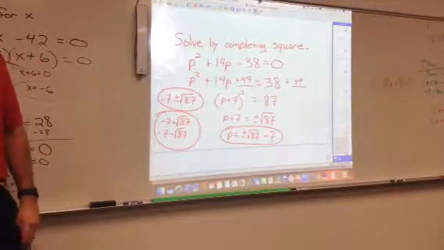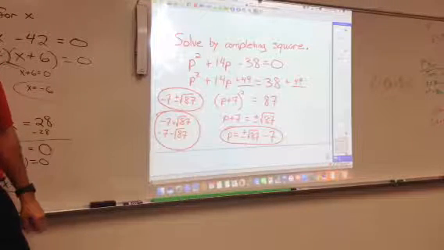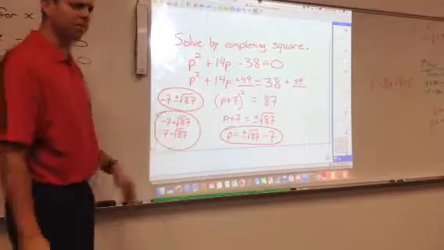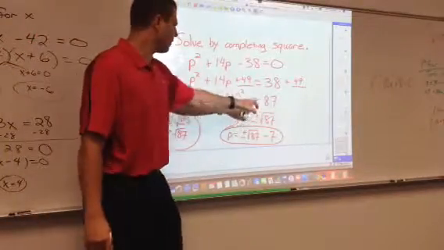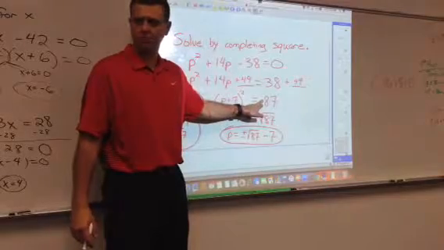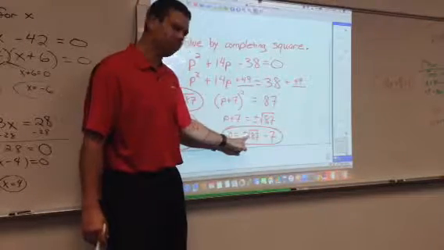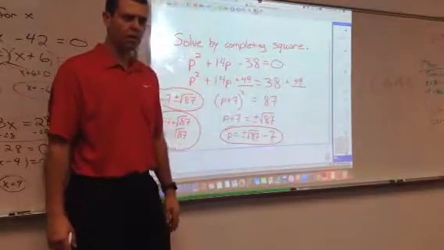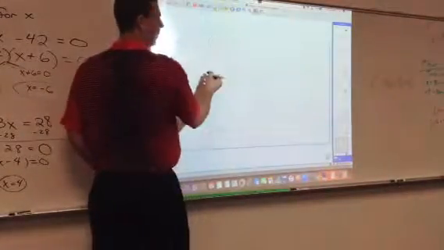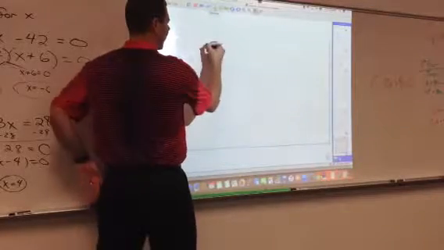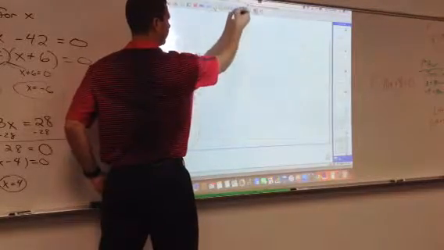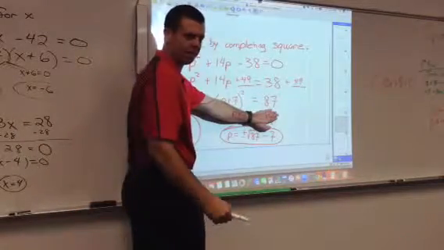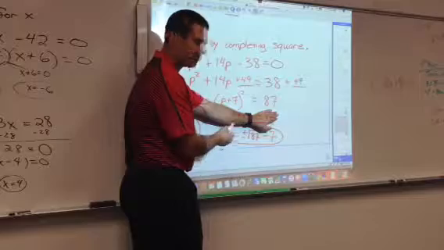Are we ever going to have i in these situations? Later on, there will probably be some. If this was a negative 87, then your answer would read i radical 87 minus 7. If this was a negative 87 right here, what am I going to do to both sides?